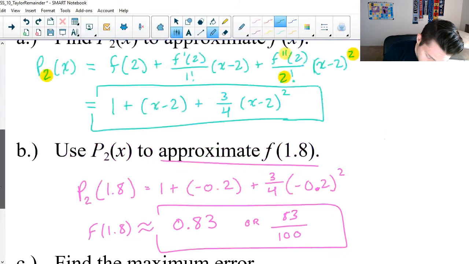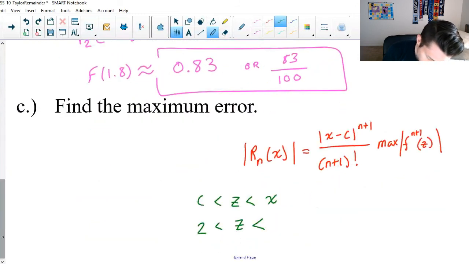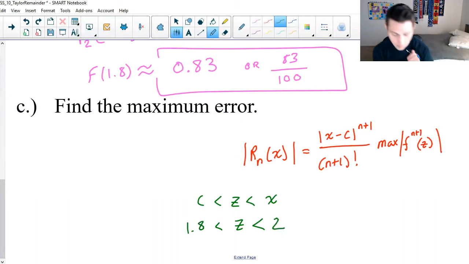And x in this case is 1.8. Oh, actually, I should flip those around then. All right, z is somewhere in between there.